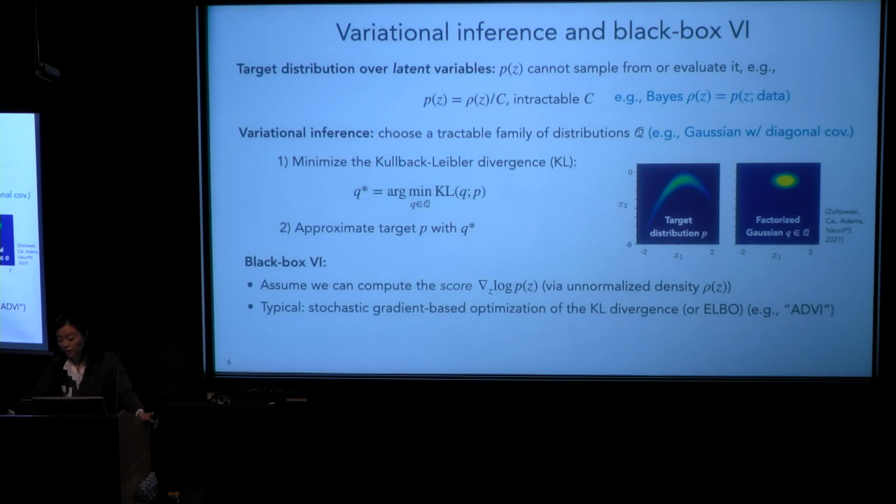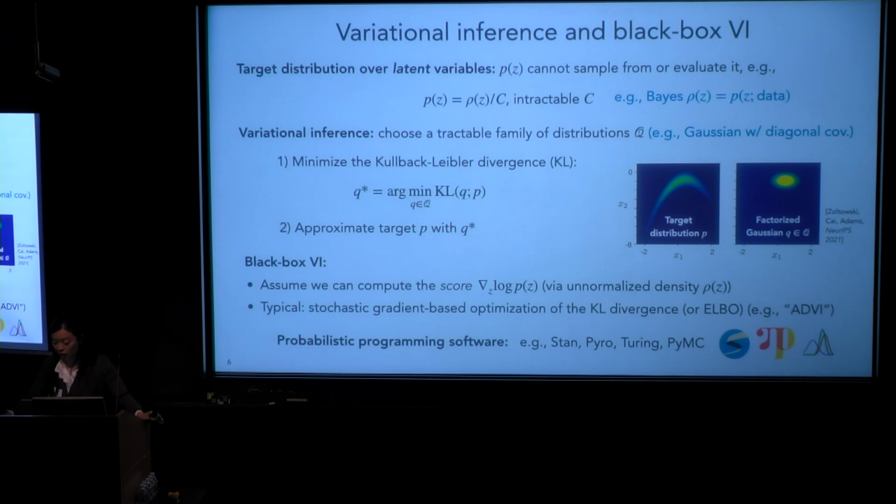This leads to very popular algorithms such as ADVI, which stands for automatic differentiation variational inference. Thanks to advances in automatic differentiation, black box VI is now widely available in a lot of probabilistic programming software where practitioners can apply it to a wide host of models.